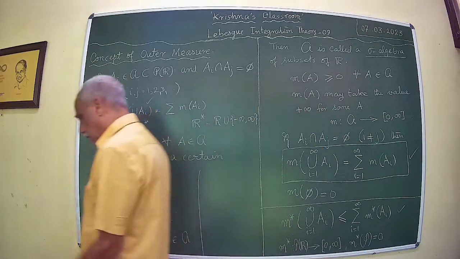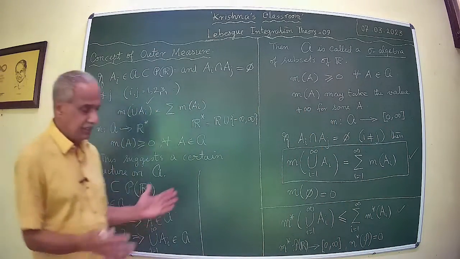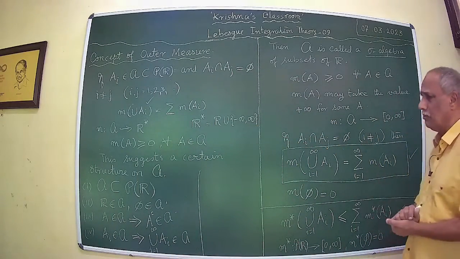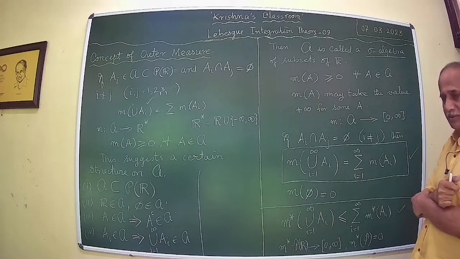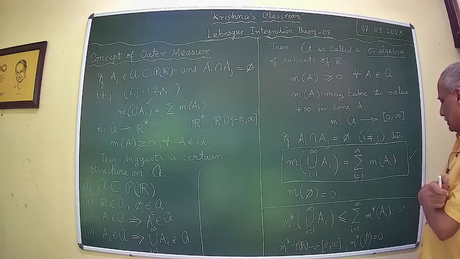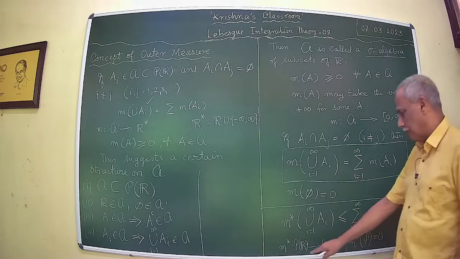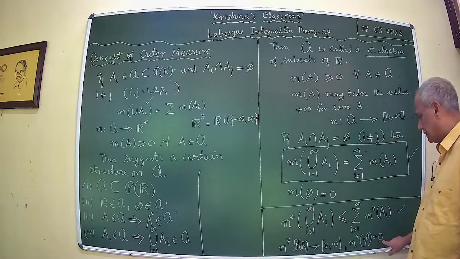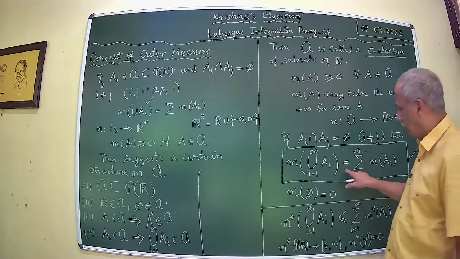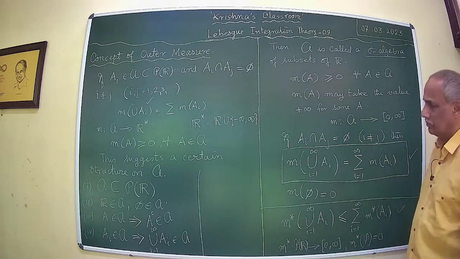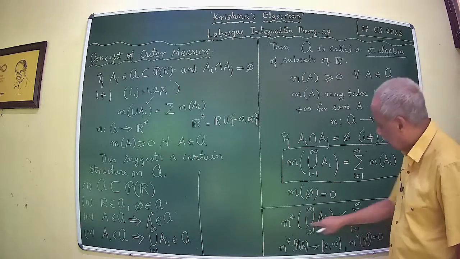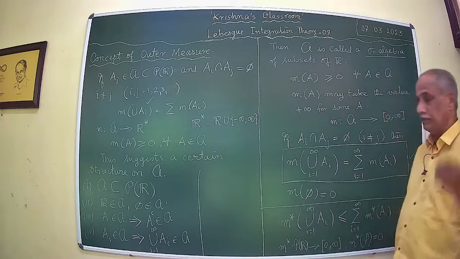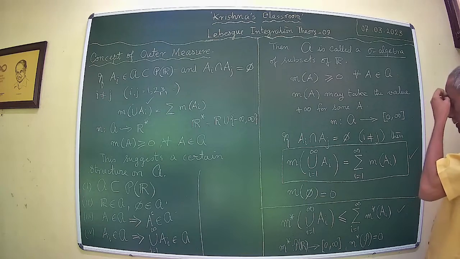Okay, so our strategy is this: we will define a set function on every subset of R, which has the property that it's a map from P(R) to [0, infinity]. m star of the empty set is 0, and then instead of additivity, that is what is required in the definition of measure, we get the condition replaced by what is called subadditivity.